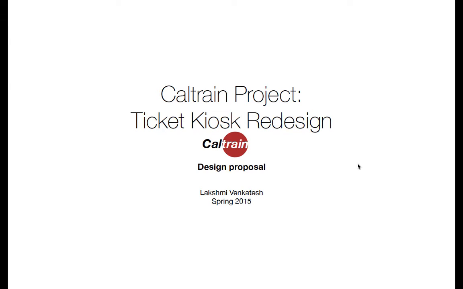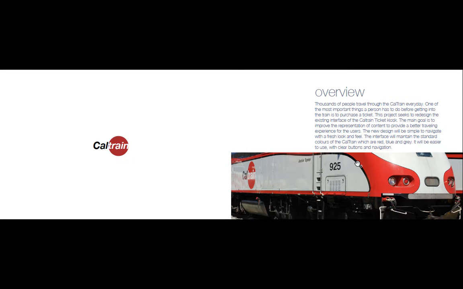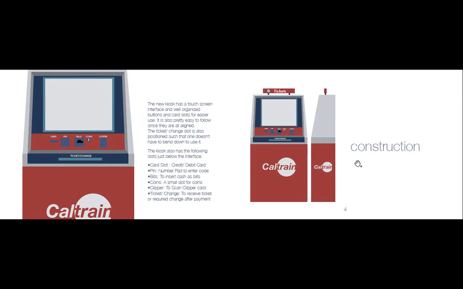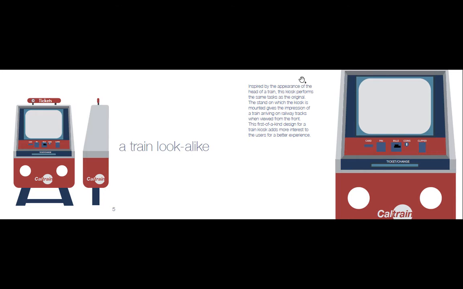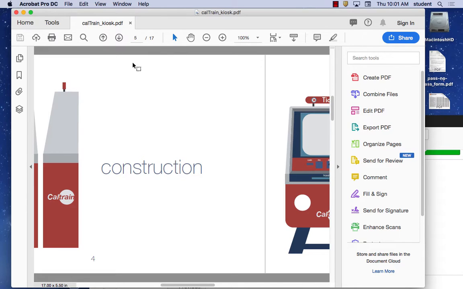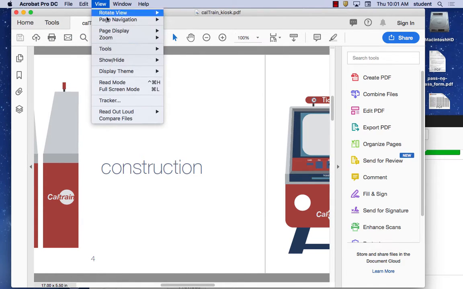Okay, so this one was a redesign of the Caltrains interface. And of course, they write an overview, table of contents, what is the kiosk and what it's lacking. Oh, he has it on a slideshow that's going by itself here. Let me try again. How do I get this full screen without going by itself?